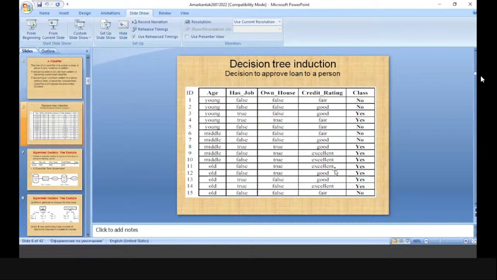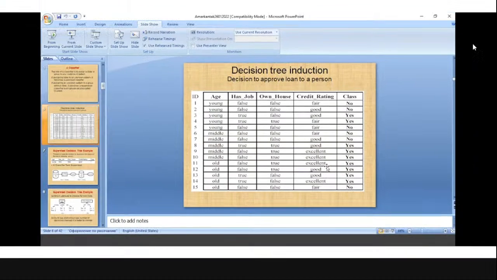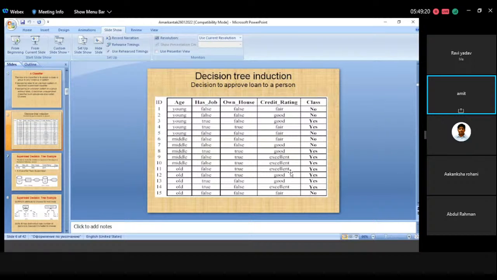Now there are a few algorithms which are very popular and common. It is not possible to cover all the algorithms, all the models of supervised or unsupervised classification, because every classifier is itself a subject.